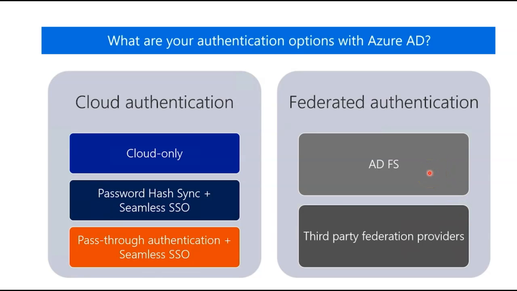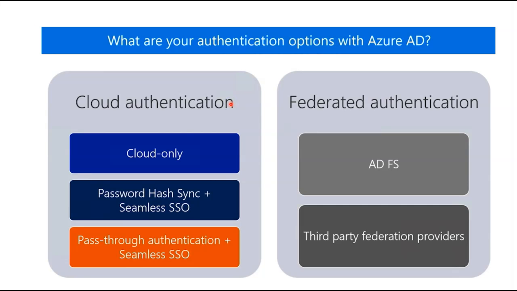In this case, Azure AD actually hands off the authentication to a trusted authentication system to handle all of the authentication. Federated authentication is the best fit for organizations which have advanced requirements that are not natively supported within Microsoft Azure AD.